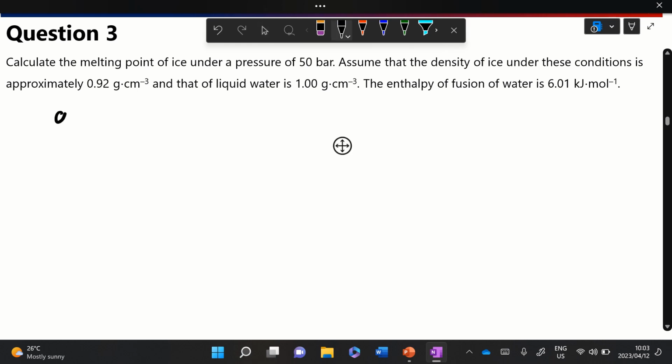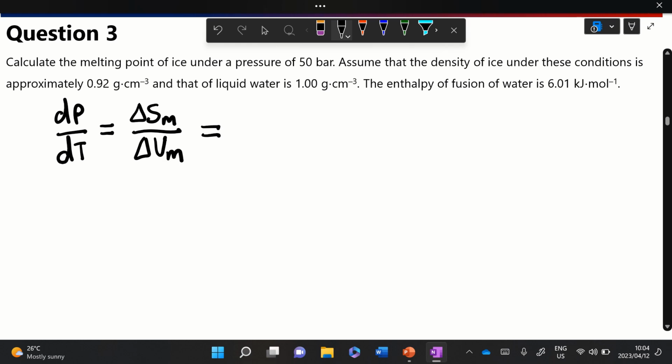So the Clapeyron equation says dP/dT is equal to delta Sm over delta Vm, right?